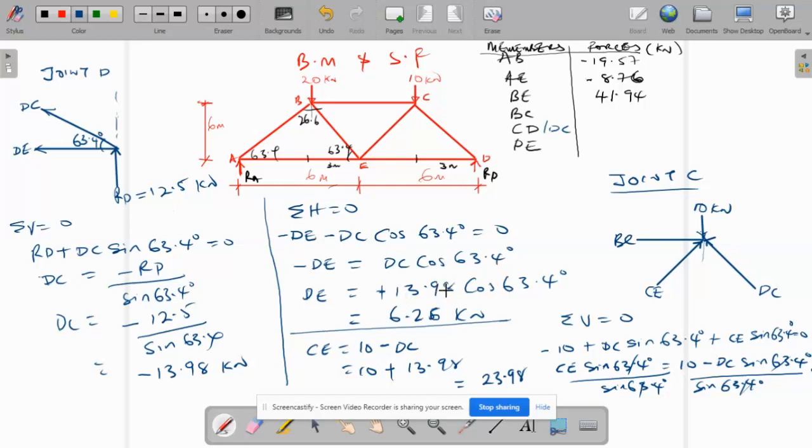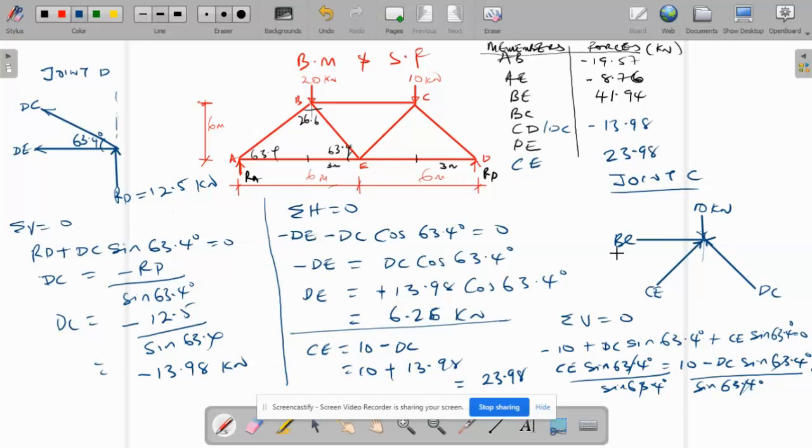So we resolve horizontally. Since we already have our DC, we write it here as minus 13.98. Here we have our CE, which we did not include here. We have it as 23.98.